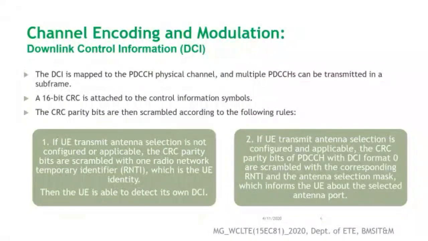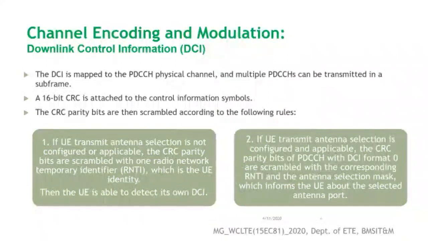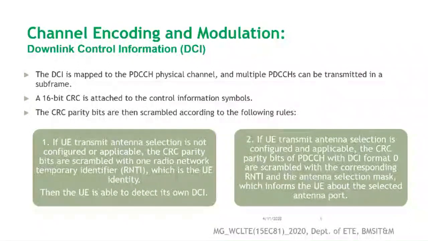A 16-bit CRC is attached to the control information symbols. For a transport block, a 24-bit CRC is used, but for this a 16-bit CRC is used, and these CRC parity bits are scrambled according to rules. These are the two rules set for scrambling the CRC parity bits.